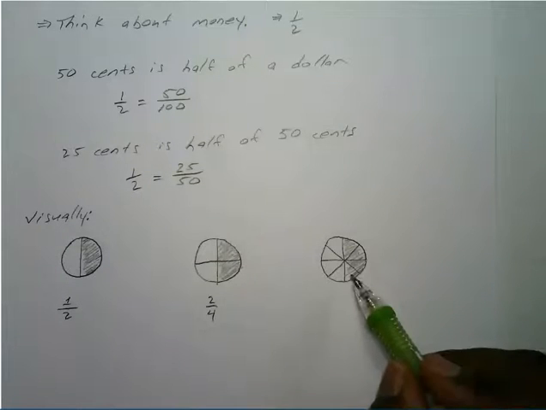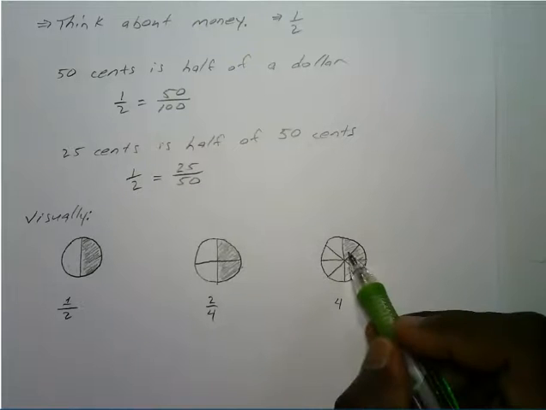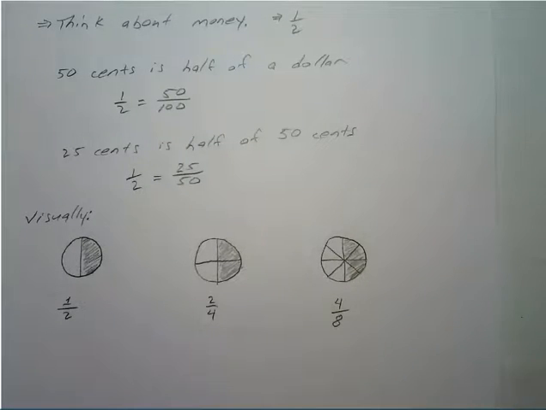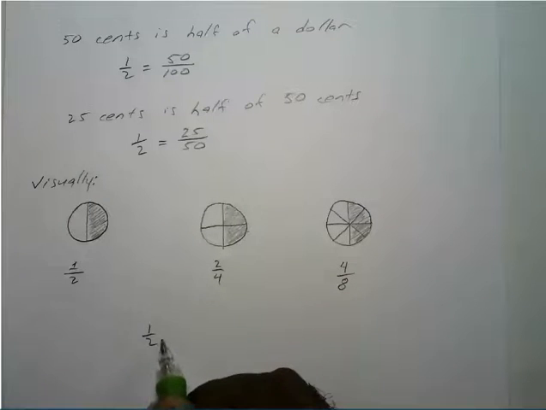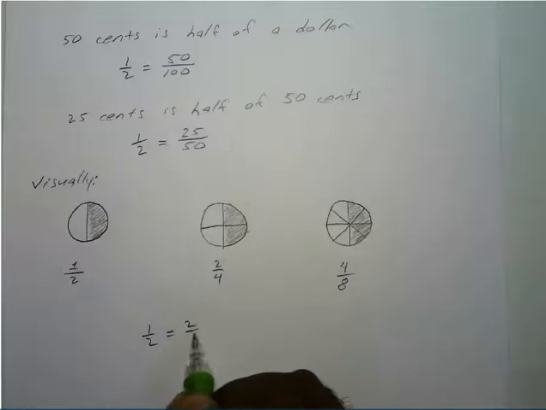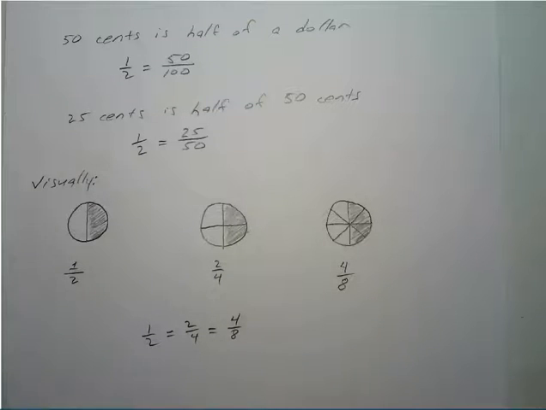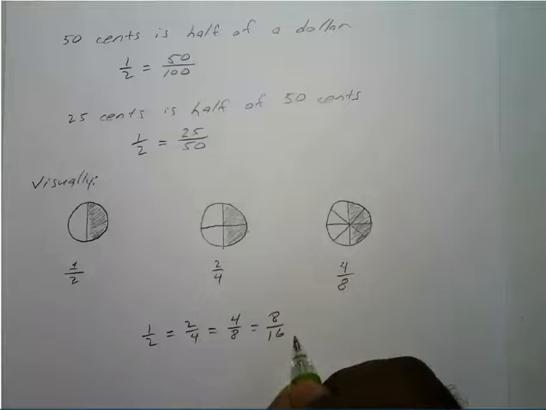Right now we have 1, 2, 3, 4 shaded sections out of a total of 8 sections. So what does this tell us? This tells us that 1/2 is the same as 2/4, which is the same as 4/8. And if you wanted to keep going, that would be the same as 8/16.